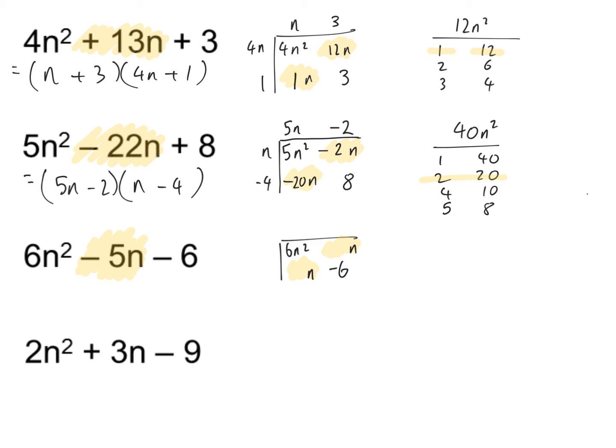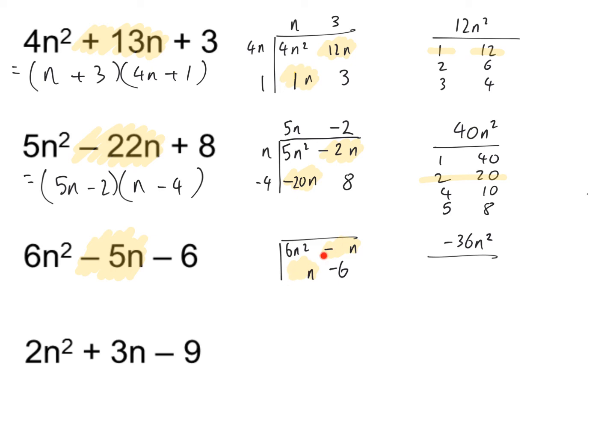So an n and an n. Now, these two boxes multiply together to give me negative 36n squared. So my two yellow boxes need to multiply together to give me negative 36n squared. This means one of the boxes will need to be negative and the other will be positive.